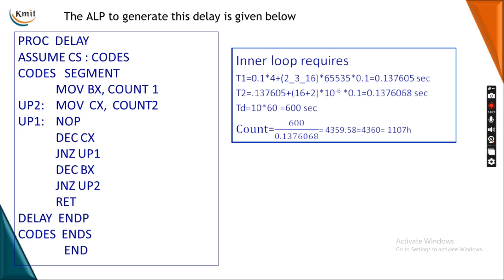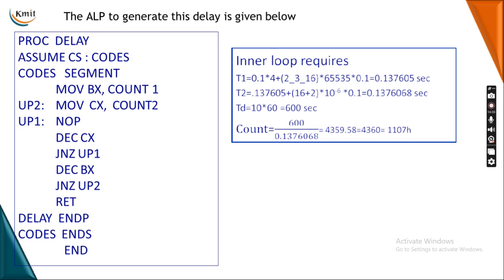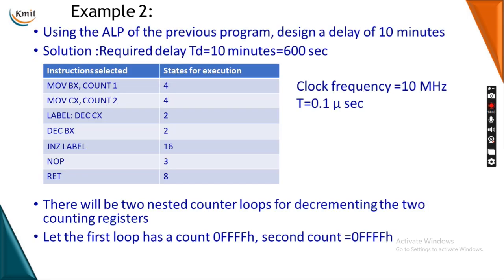So T1 will be 2 plus 3 plus 16. Decrement BX is 2 plus 3 plus 16, and decrement AX is 16 plus 2.